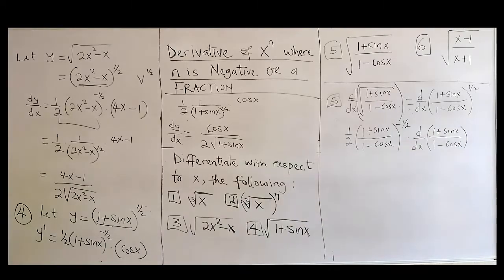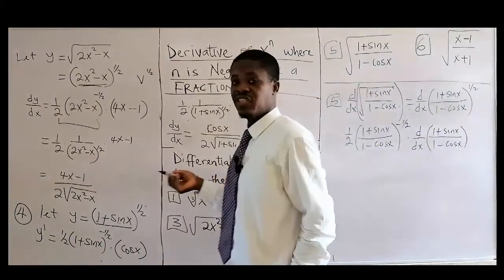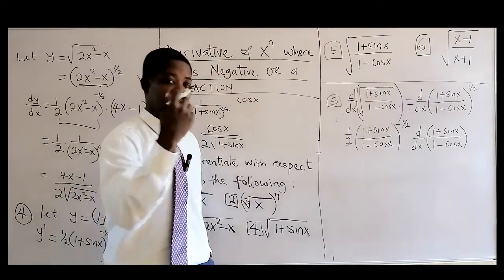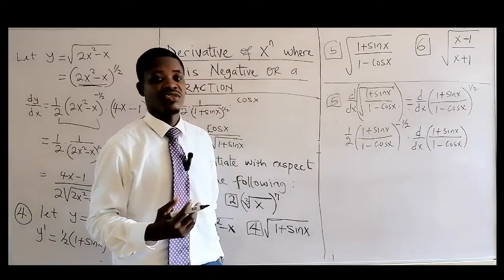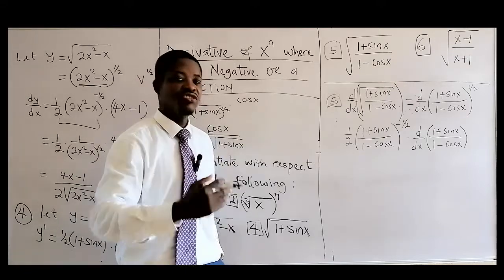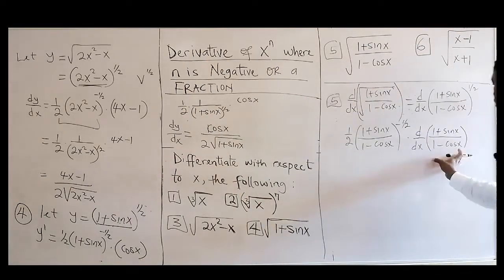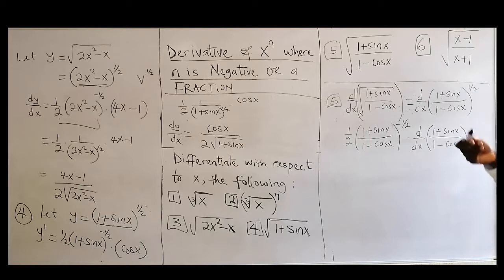If you're having problems with this kind of question, please go to one of the videos we've discussed on functions of functions, where we have spent time to really dissect them. And don't forget this is also a quotient rule, so there's also a video on the quotient rule. Please check and watch that video.